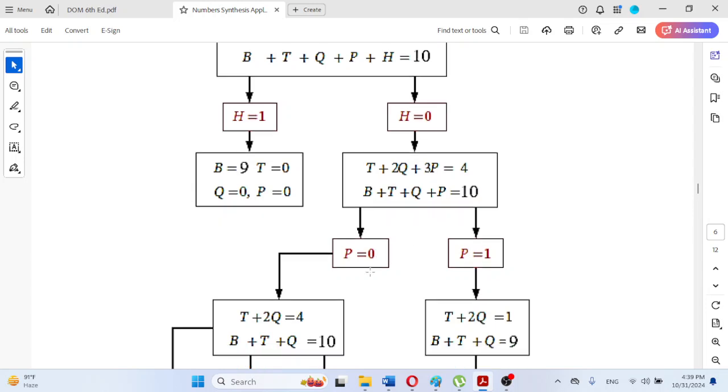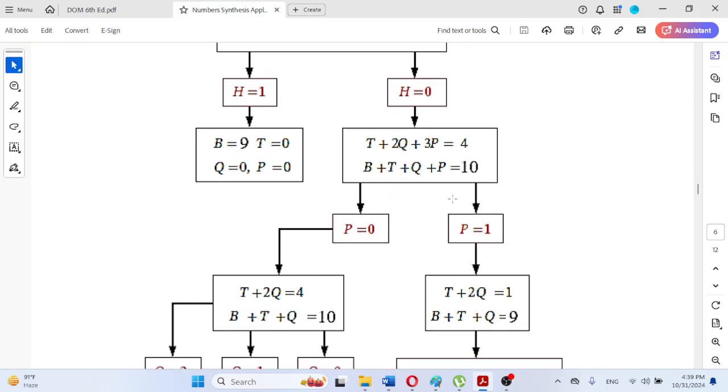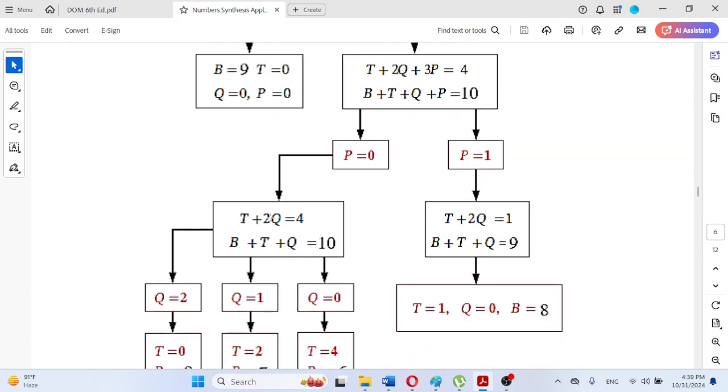So if P is equal to 0, then T plus 2Q is equal to 4 here, and the lower equation will give B plus T plus Q is equal to 10. So we first solve this set.